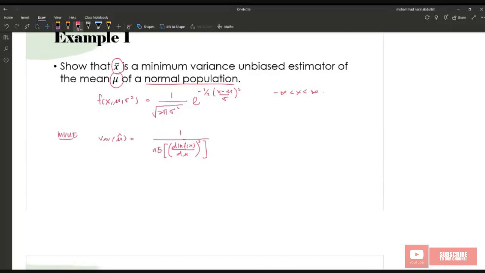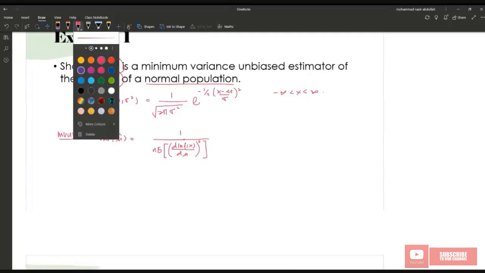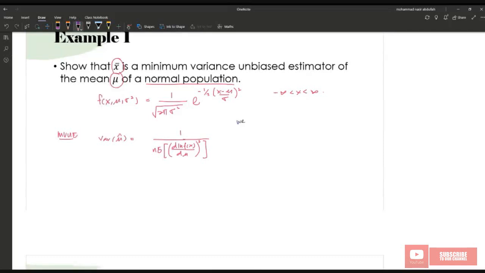We know from prior knowledge that the expected value of mu hat, which is the expected value of x bar, is equal to mu, or the summation of xi divided by n.